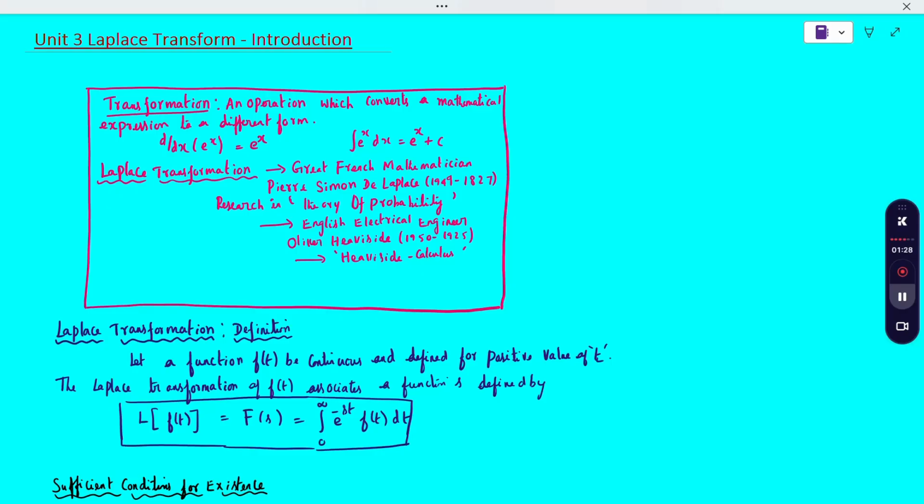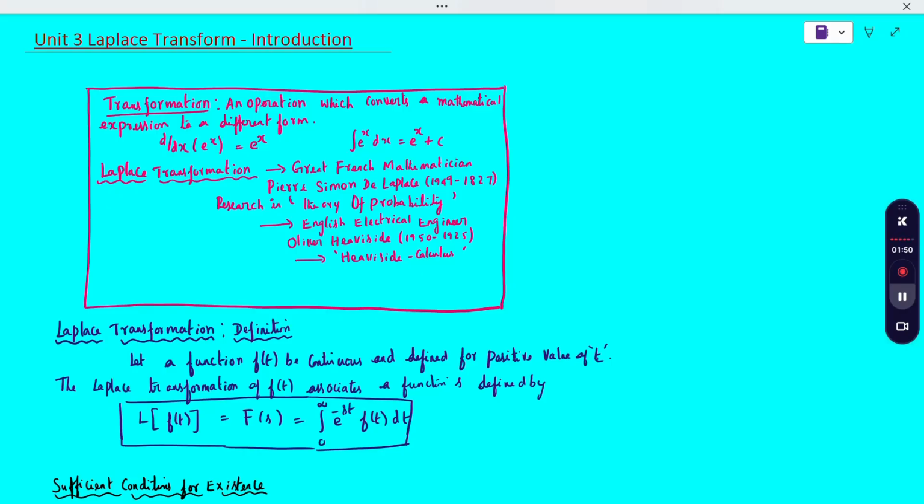F of t is converted into a function with respect to the s variable. So that is called transformation. So I can write it as the integral from 0 to infinity of e to the power minus st f of t dt. This is the Laplace transformation definition.